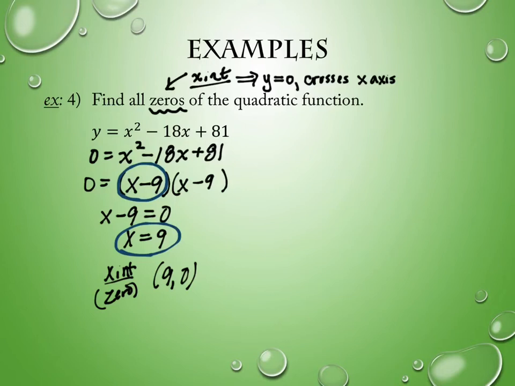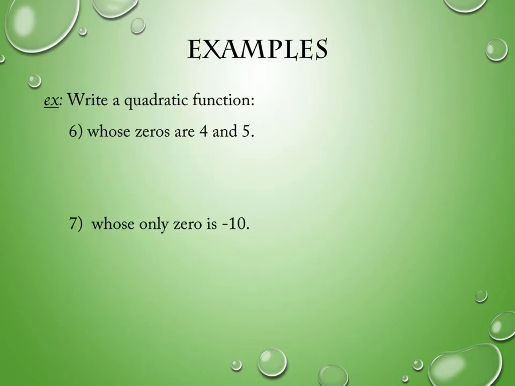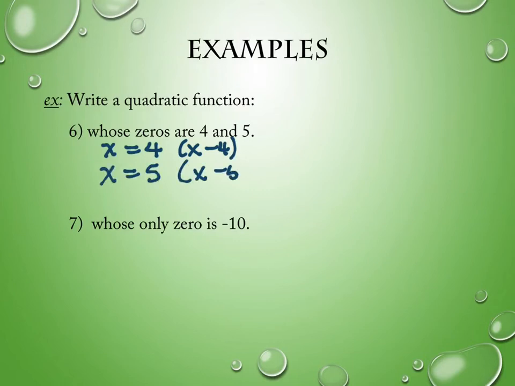So if x is equal to 9, then x minus 9 is the factor. And so over here, if x is equal to 4, then x minus 4 is a factor. And if x is equal to 5, then x minus 5 is a factor.